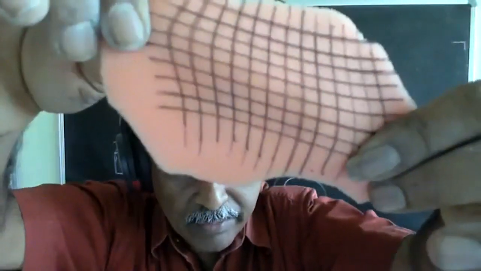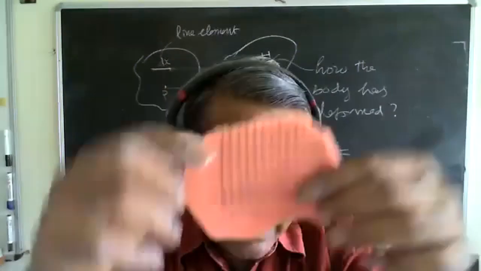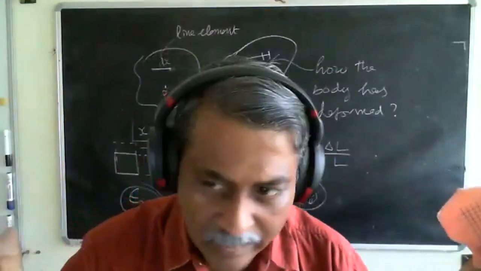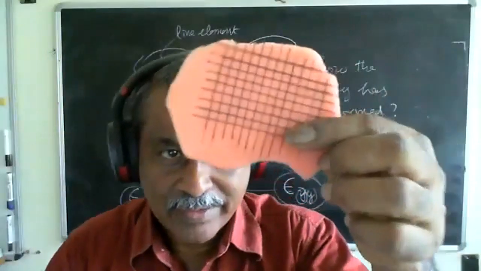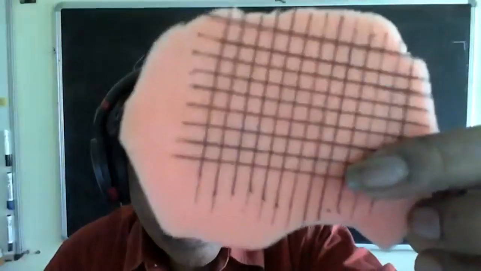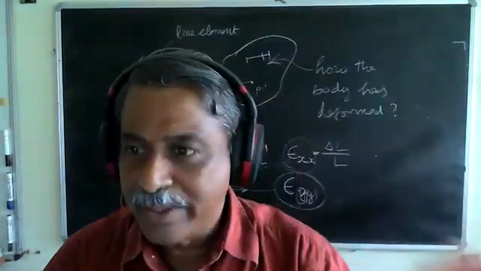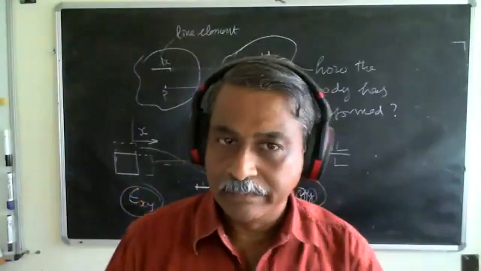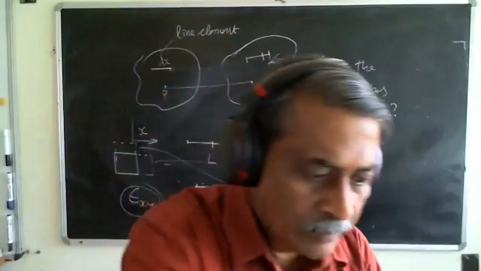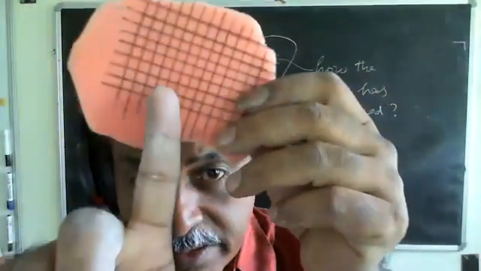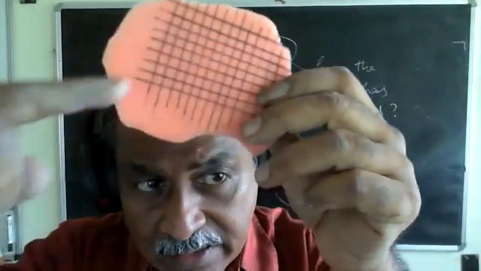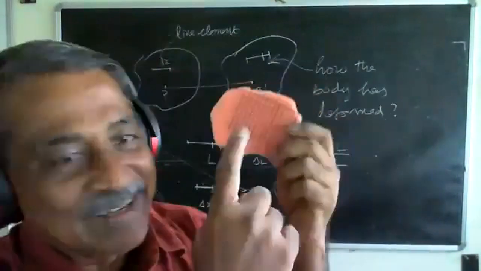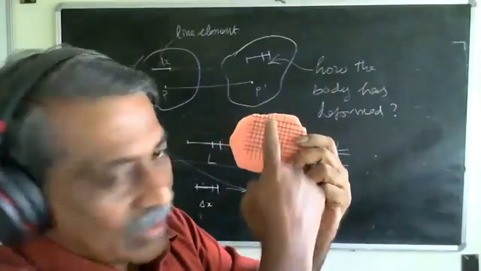I want to represent this, and let's say each of these squares represent a point. You can think of each of those squares or rectangles as nothing but representing a point. Or you can take the lines in the x direction and y direction.